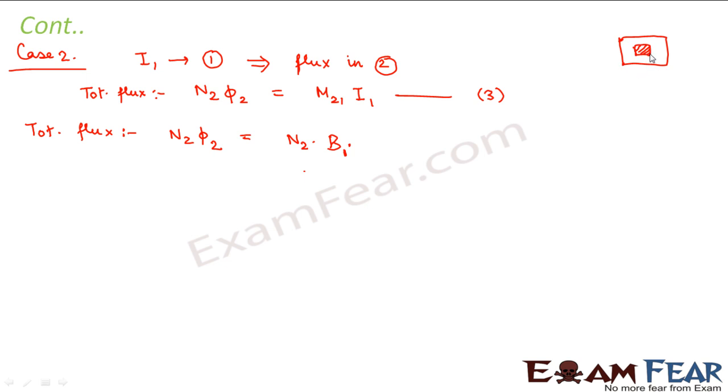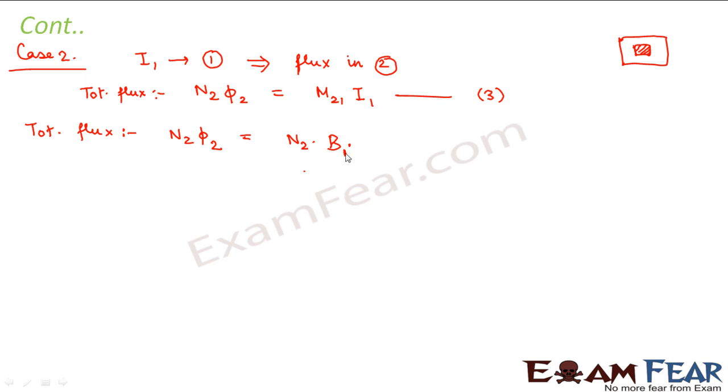It is this magnetic field strength into this much area, because the outer area is of no use, because the entire flux produced by the inner coil is confined only inside the inner coil. So there is no point considering this bigger area, because effectively the flux for the bigger coil also is this magnetic field into this area, right? Whereas in my previous case, it was the reverse, because the magnetic field was produced by the outer coil.